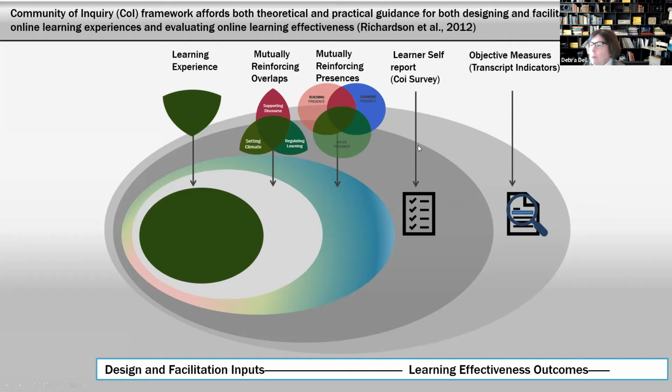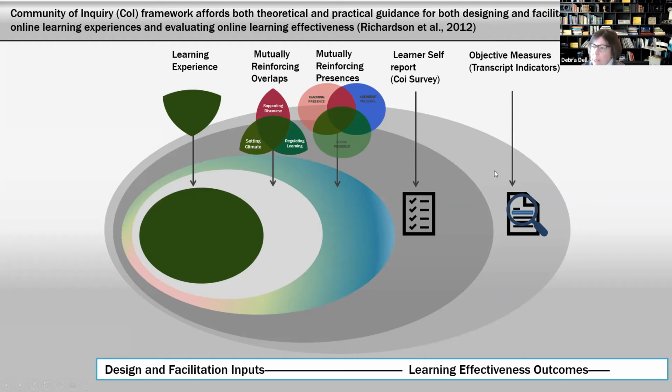And then as we move out, the instrument that already exists is the learner self-report, what's often called the community of inquiry survey, where learners rate after a course or during a course experience. And then there's also the objective measures, which are the transcript indicators, where coders actually go through discussion boards and look for indicators of cognitive, social, and teaching presence emerging.